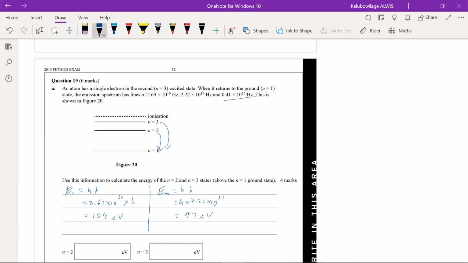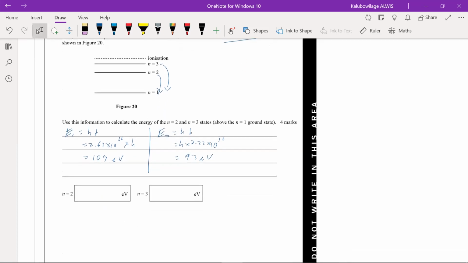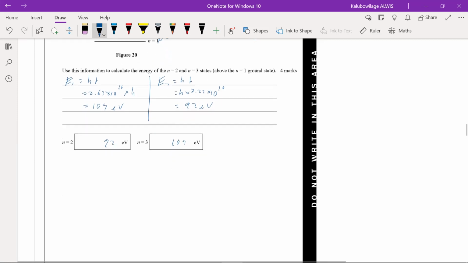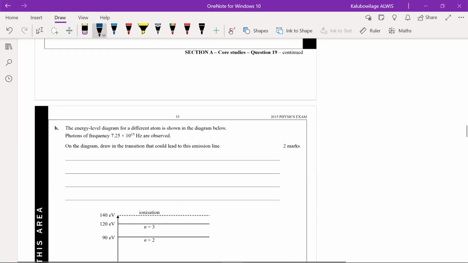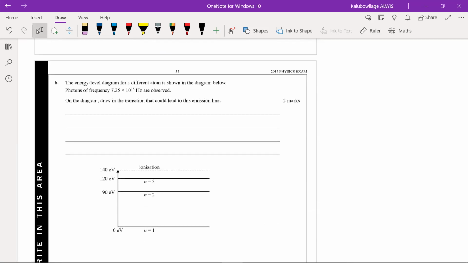And we don't really need that defined, n3 or n2. 92. A different atom in the diagram with photons of frequency 7.25 times 10 to the power 15 observed. Draw the diagram with the transition that could lead to this emission.